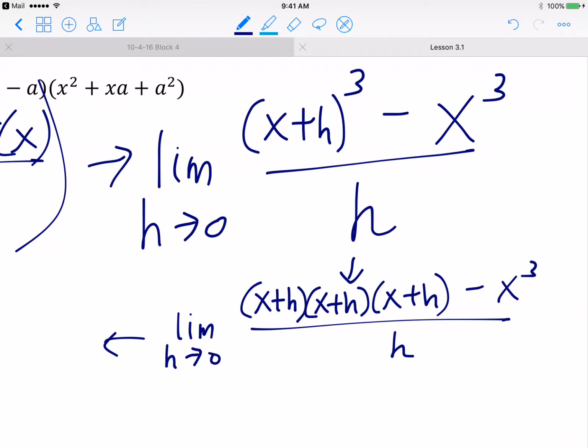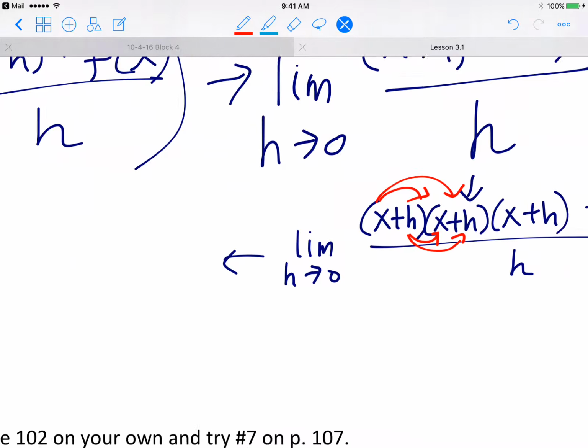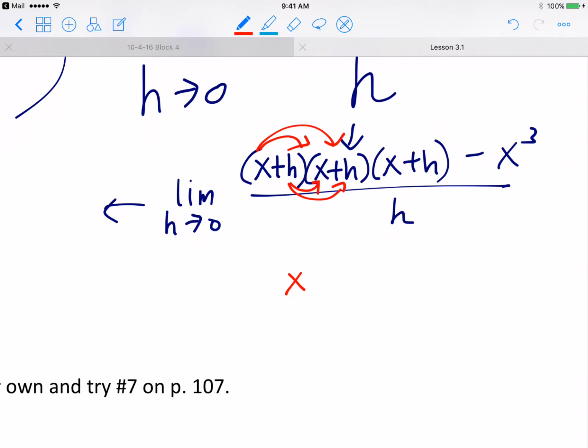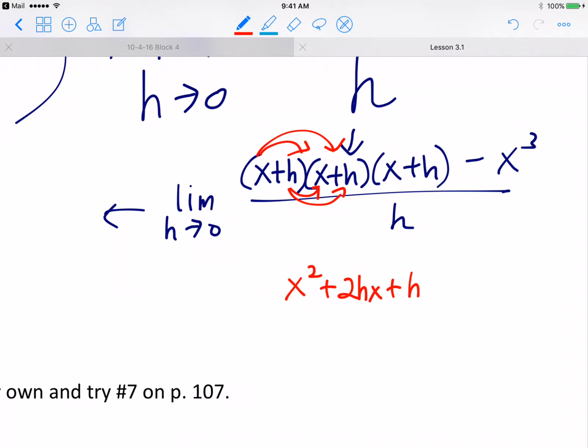To simplify this product of the 3 x plus h factors, I will multiply the first two factors first, x plus h multiplied by x plus h, which gives me, let me do this work on the side right here, x squared plus 2hx plus h squared. And then in turn, that's going to be multiplied by x plus h, which means a lot of distributions.